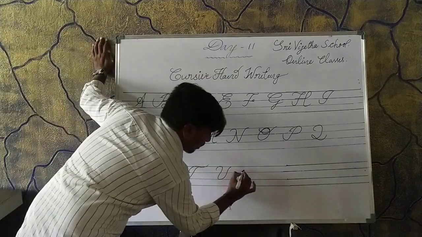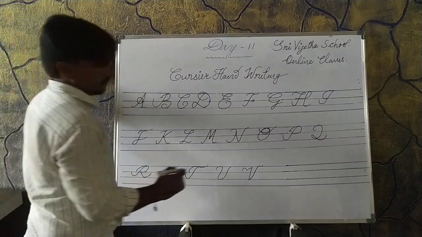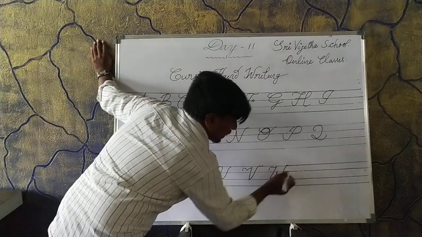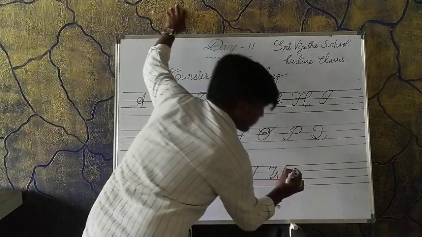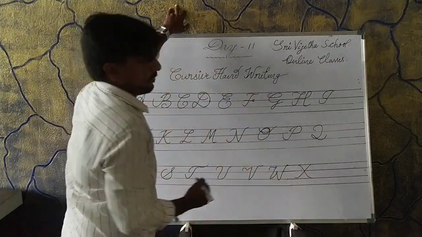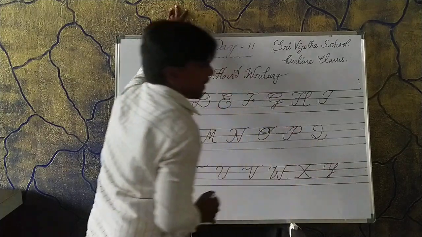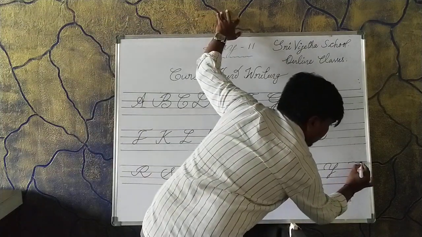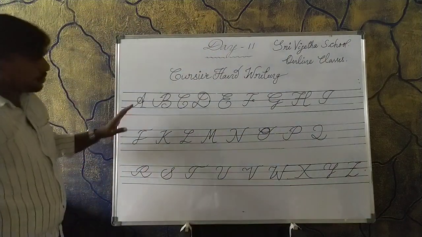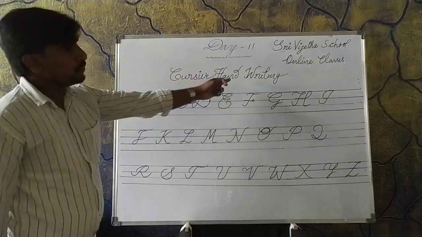U, V. Then we make W. Again X. Then Y. The final letter is Z. Okay, so this is the third type of letter, cursive handwriting.